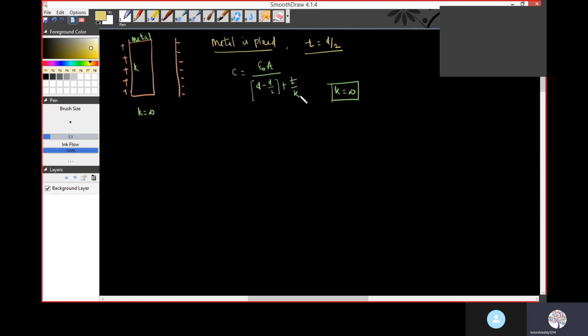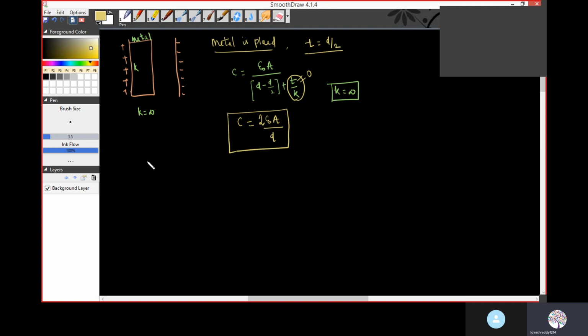Now this K value is infinity, so this term is going to be 0. So this is epsilon naught A by d minus d by 2, which is d by 2, so 2 goes up. C is equal to 2 epsilon naught A by d.